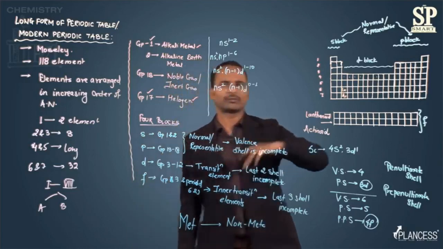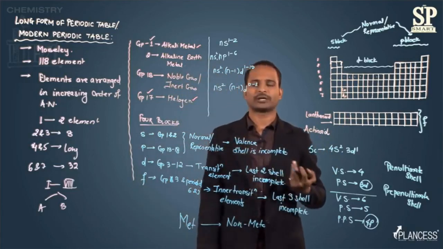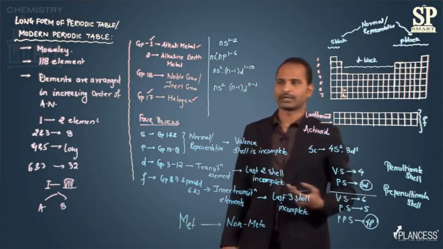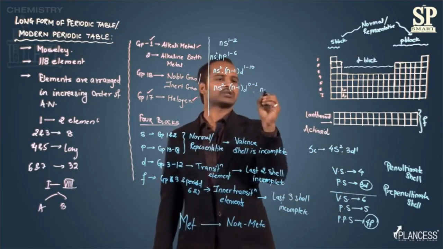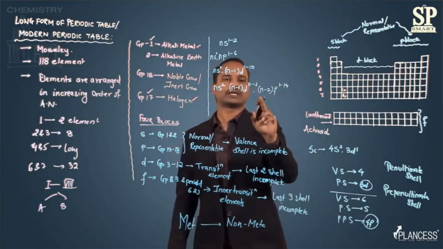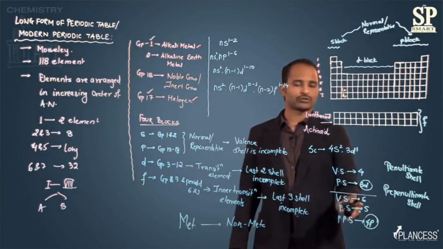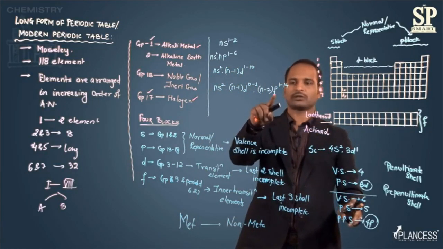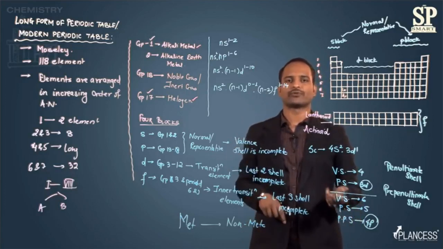Sometimes the D orbital takes 1 electron from the F orbital to get empty, half-filled or completely filled stability. And then (n-2)f 1 to 14, where n stands for the outermost shell. So if the outermost shell is the 6th, then the F orbital will have an electron, then n-2, that is 6-2, the 4f orbital.